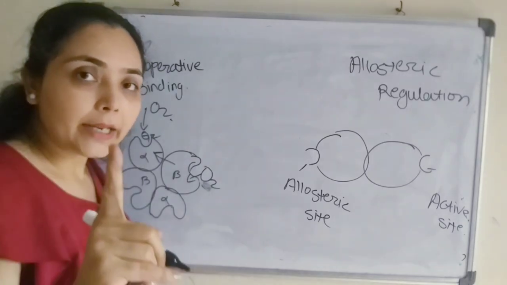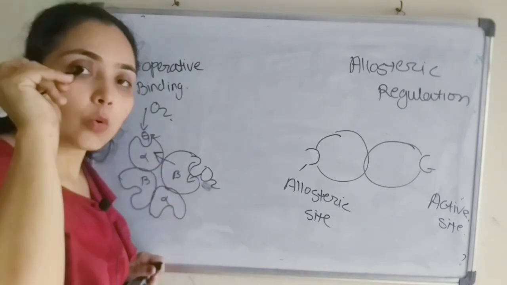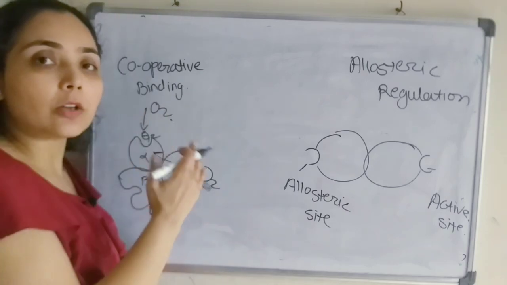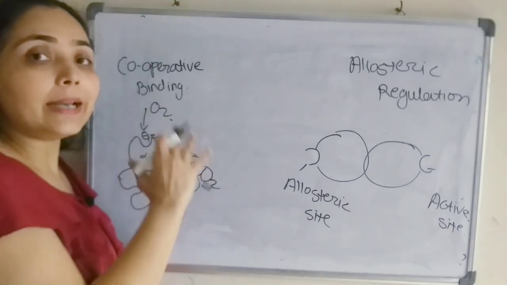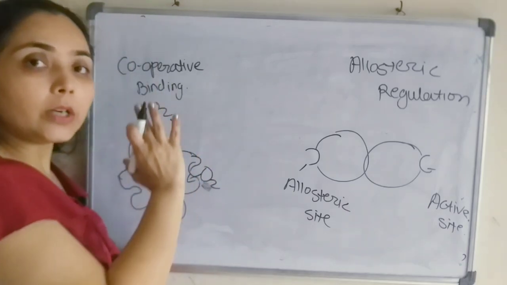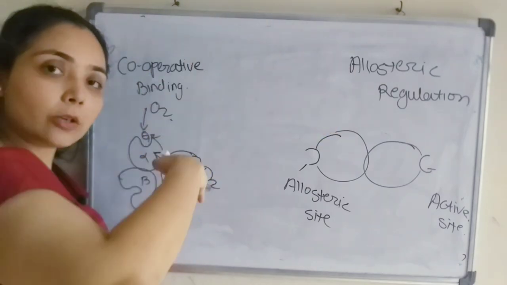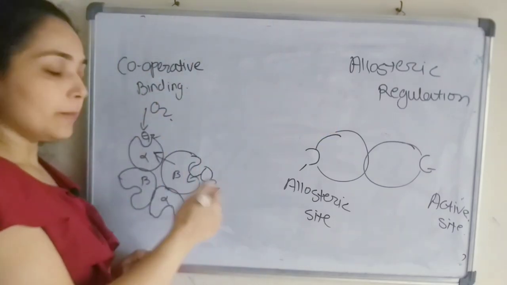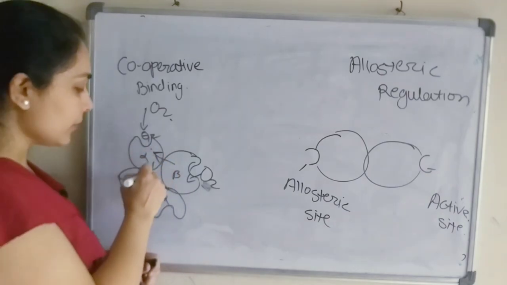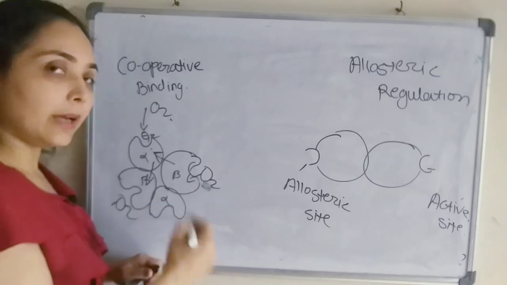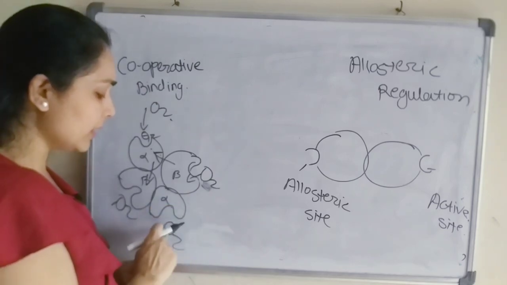Binding of oxygen to one of the subunits will make conformational changes in the other subunits, so that their affinity toward oxygen will increase and the other subunit will also bind to oxygen, and so on, and finally the fourth.